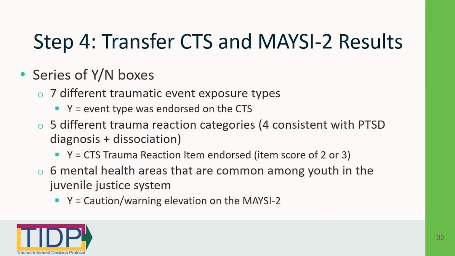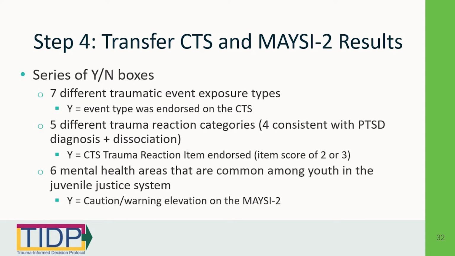Step number 4 involves transferring information from the CTS and the MAISY onto the TIDP form itself. It involves a whole series of yes, no columns on the very top of the TIDP form. And what you can see is that there are 7 different types of traumatic event exposures that are categorized on the TIDP. There are 5 different types of trauma reaction categories.